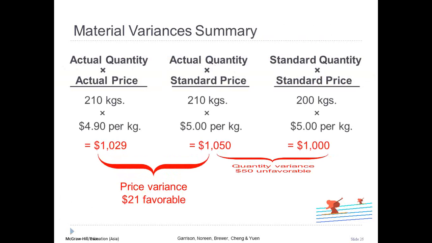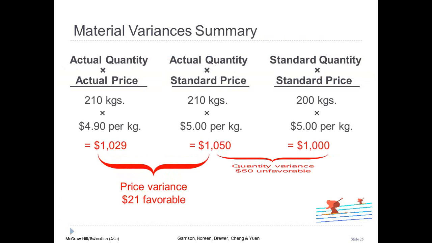The materials price variance, defined as the difference between what is paid for a quantity of materials and what should have been paid according to the standard, is $21 favorable. The price variance is labeled favorable because the actual price was less than the standard price by 10 cents per kilogram.